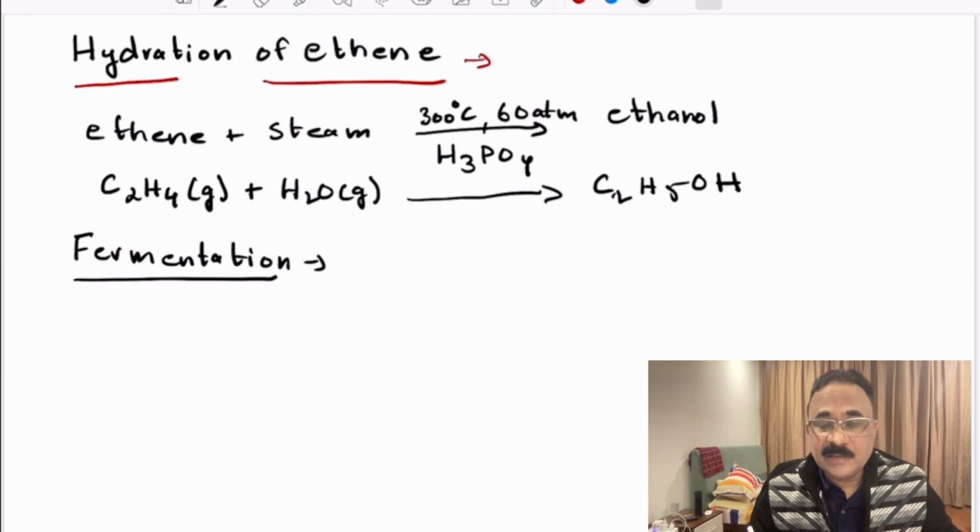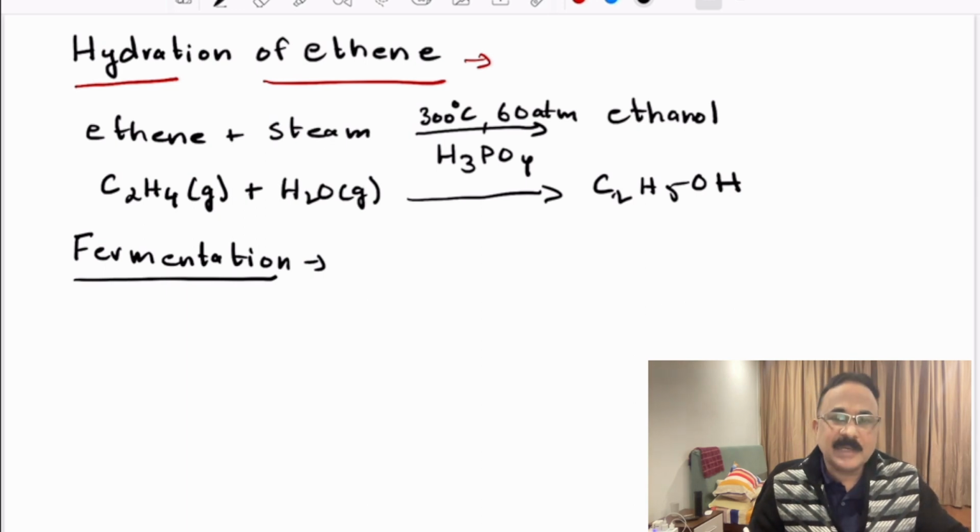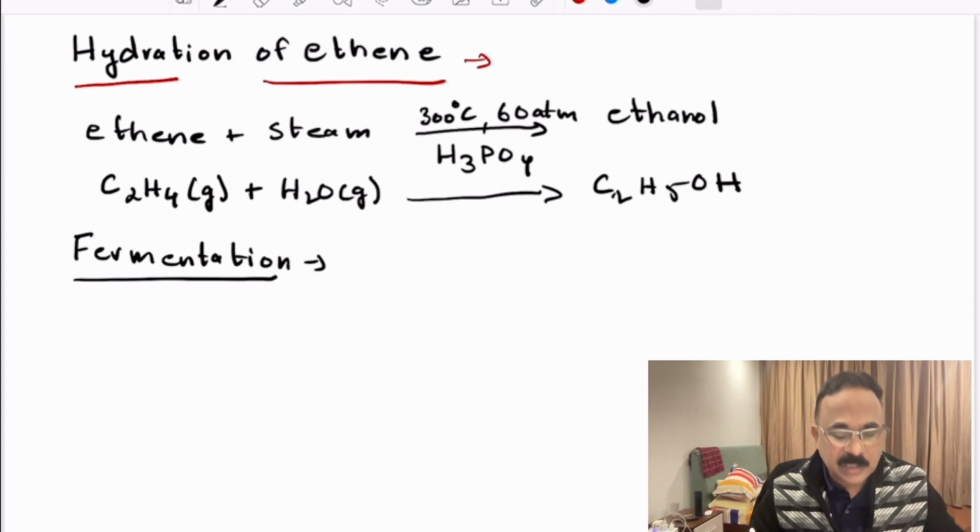So first of all we take glucose from fruit, and then we ferment it at a nominal temperature, not a very high temperature. If the temperature is very high, then the process will stop. So we should keep a nominal temperature of about 37 degrees Celsius, and the enzyme in the yeast will ferment the glucose into ethanol and carbon dioxide.